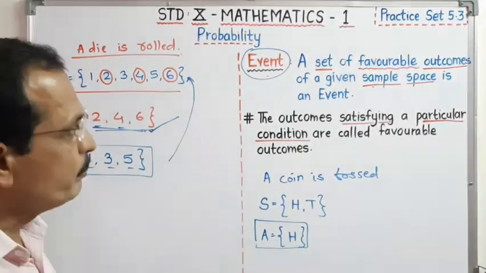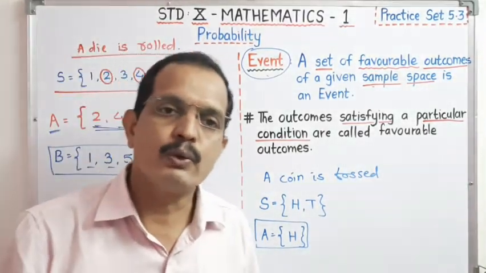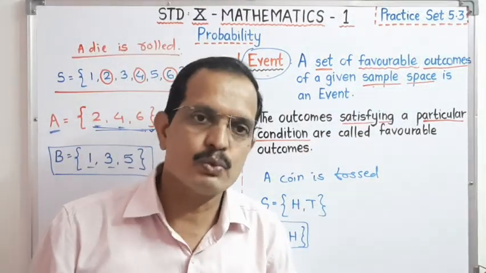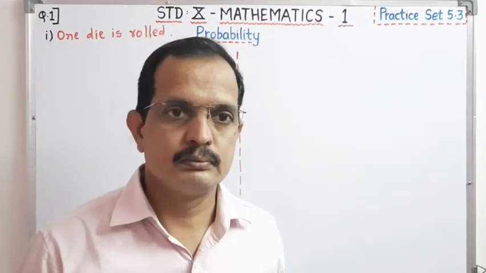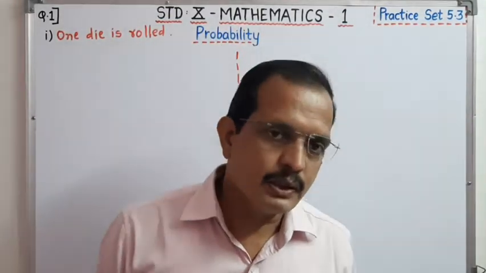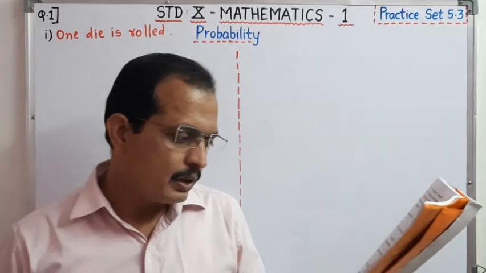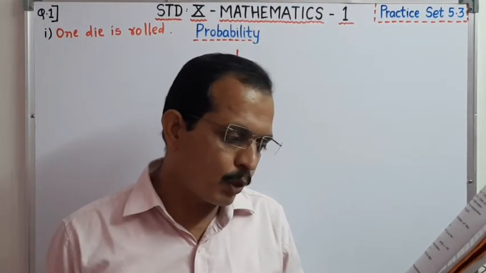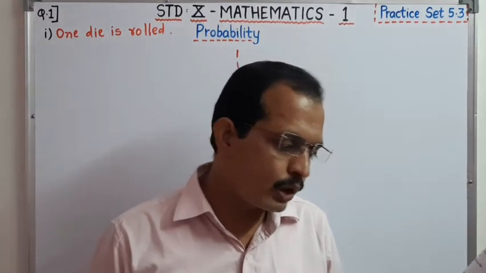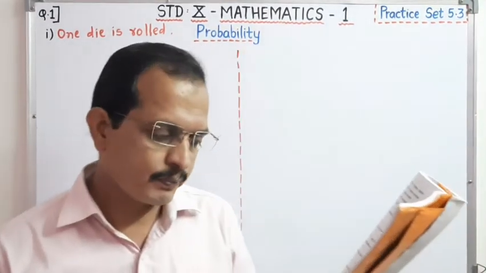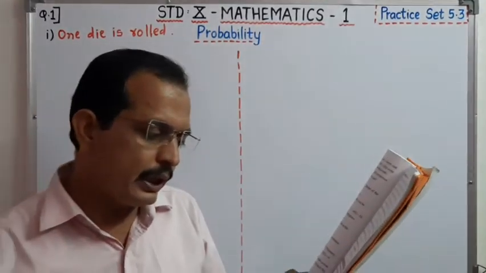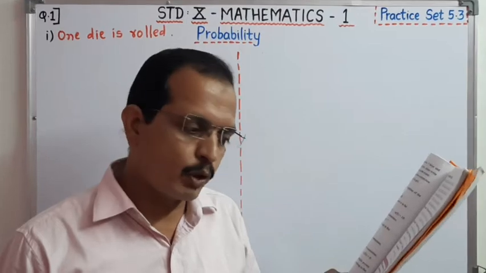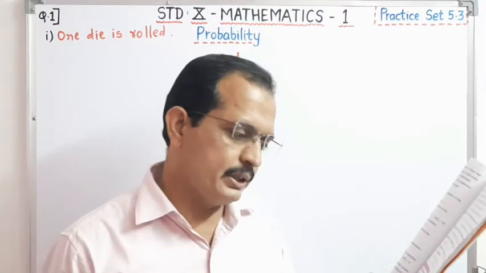Now based upon this event we have to start with practice set 5.3. Question number one we have to start. See the question number one. Write sample space S and number of sample points n(S) for each of the following experiments. Also write events A, B, C in set form and write n(A), n(B) and n(C).